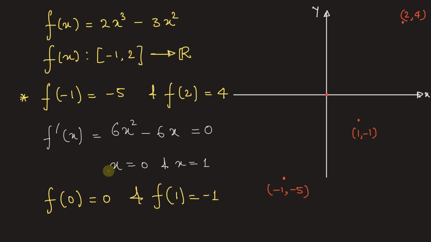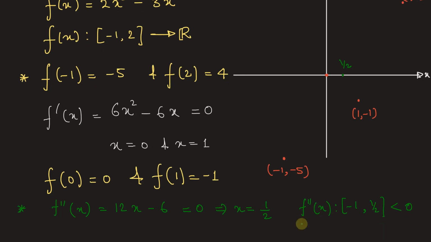Now to understand the curvature, we must find the second derivative of the function. So the second derivative of the function will be 12x minus 6. Now if we equate this to 0, we get x is equal to 1 by 2. That means second derivative of f in the domain -1 to 1 by 2 is lesser than 0.